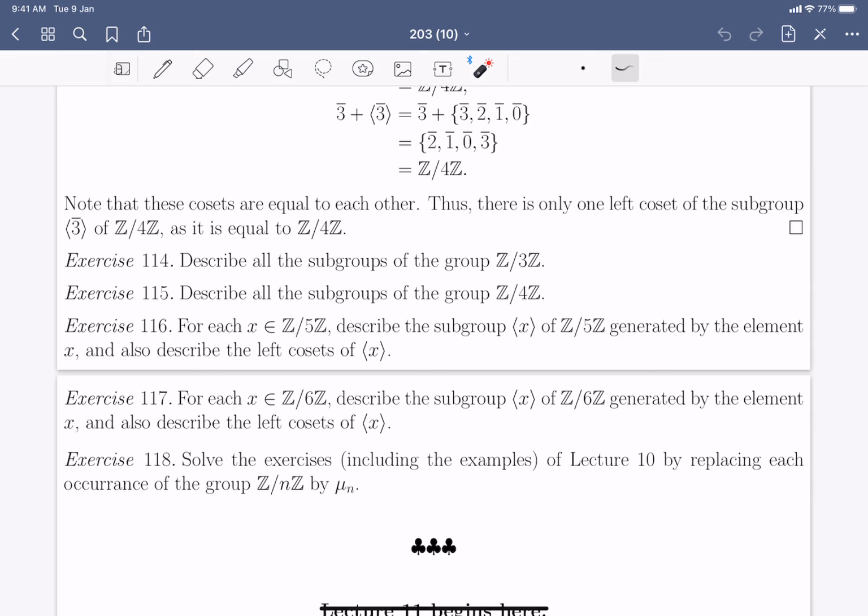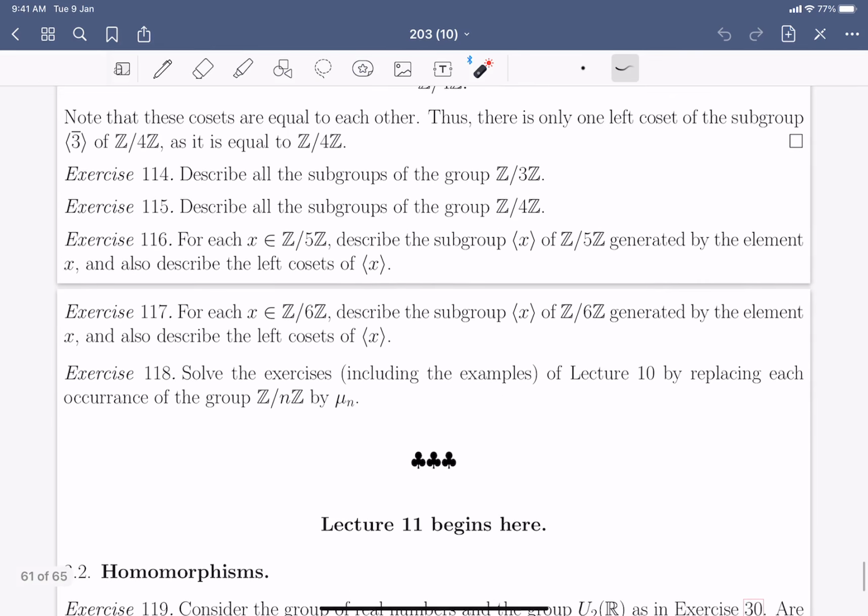In its complete generality, but for specific examples, for instance Z mod 3Z or Z mod 4Z, and other examples of groups, it can be treated using a very elementary approach. So please work on these exercises.